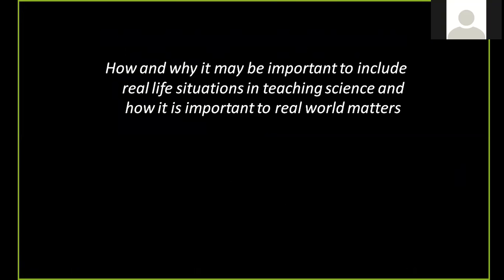The whole writing was about 12 pages and had quite a few sources, but what it was all about was how and why it may be important to include real life situations in teaching science, why real world issues matter to teaching biology, and why that would be important for students.